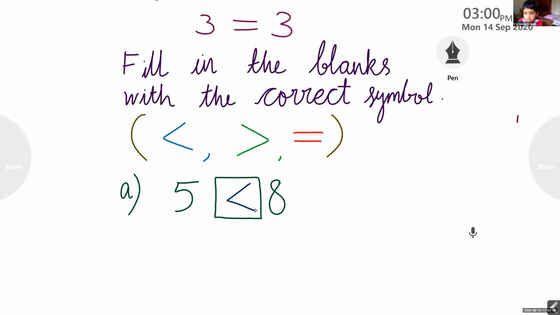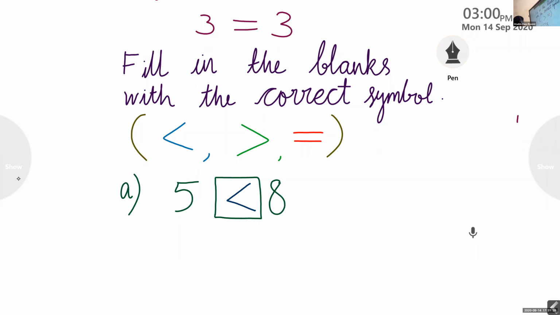Very good. We put the symbol according to the bigger number. Then we will read it as 5 is less than 8.